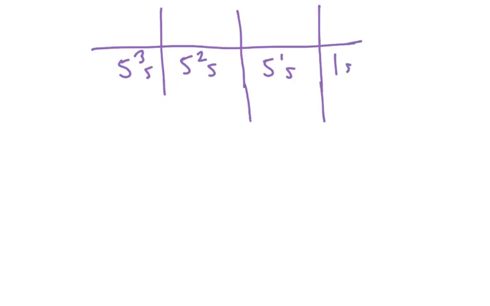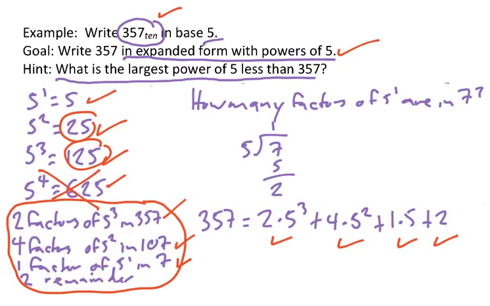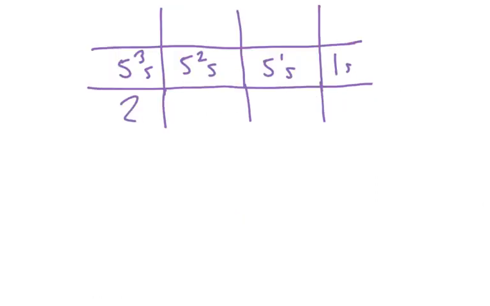To take that expanded form and write it in a chart to represent how much of each I have: looking back, there are 2 factors of 5 cubed, 4 of 5 squared, 1 of 5, and 2 of the remainder. So 2 of these, 4 of these, 1 of these, and 2 of these.